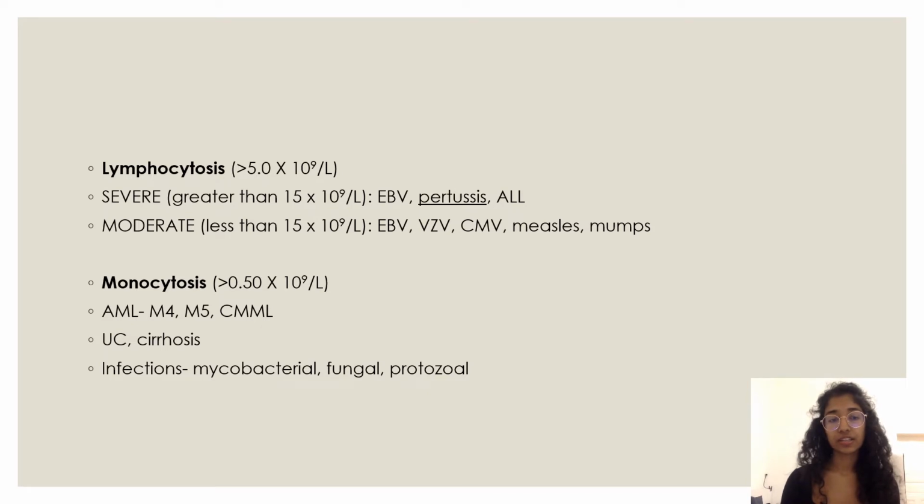This generally occurs in the case of diseases such as ulcerative colitis or cirrhosis. They can also occur in the case of AML, which is acute myeloid leukemia, which we will cover, specifically of the M4 and M5 variant. And you also have it occurring in the case of infections such as mycobacterial, fungal, or protozoal infections.